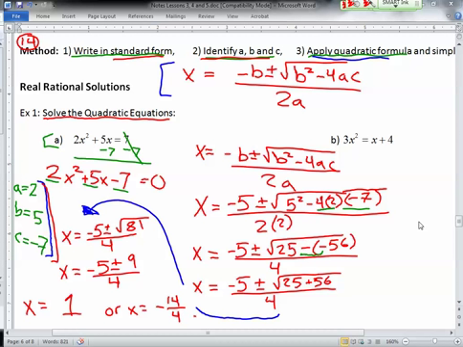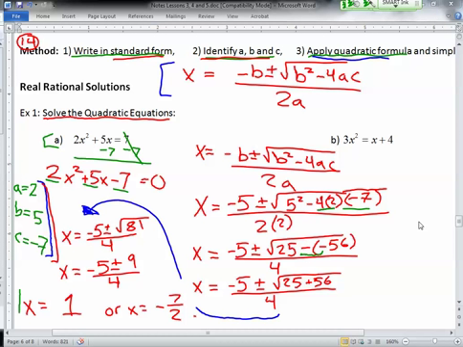And I can simplify that as a fraction because they're both multiples of 2 and make that into a -7 divided by 2, or a -7 over 2.